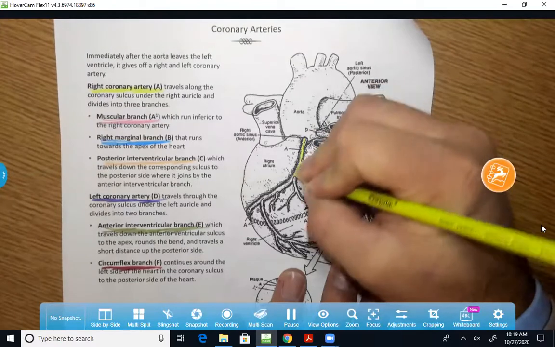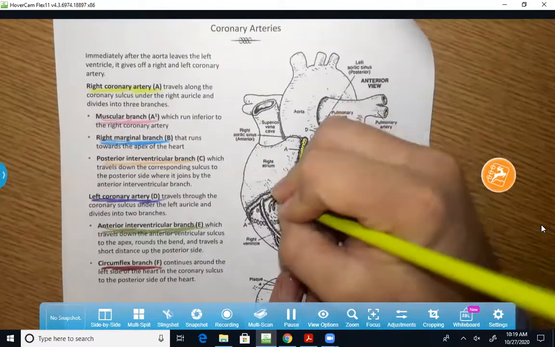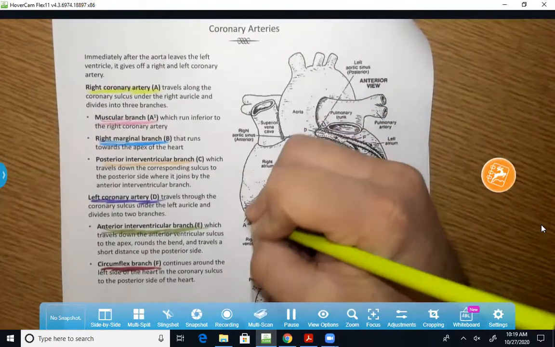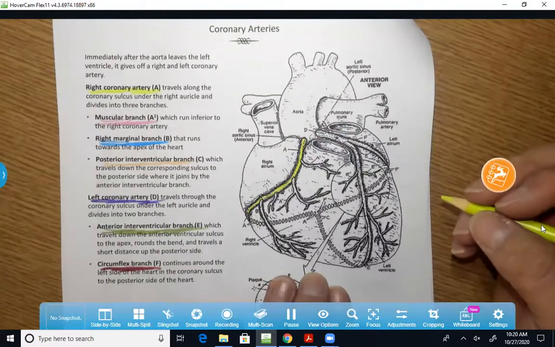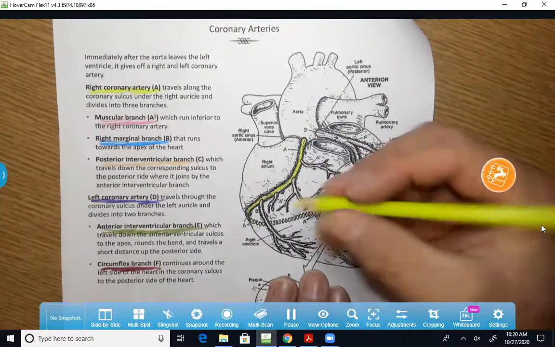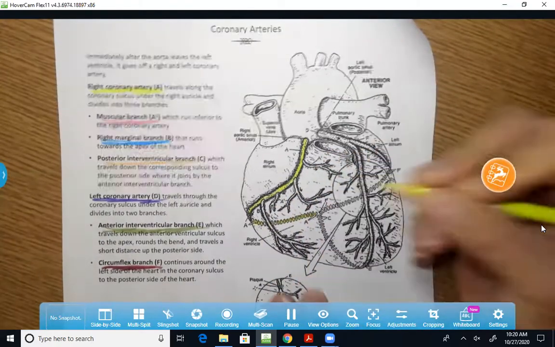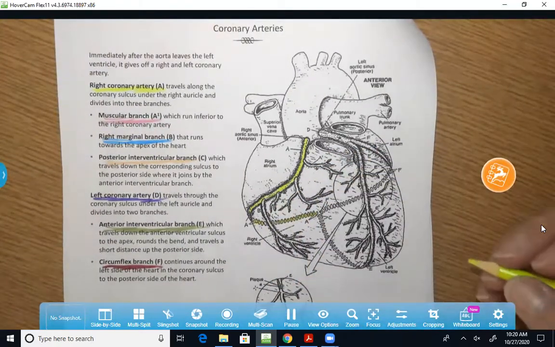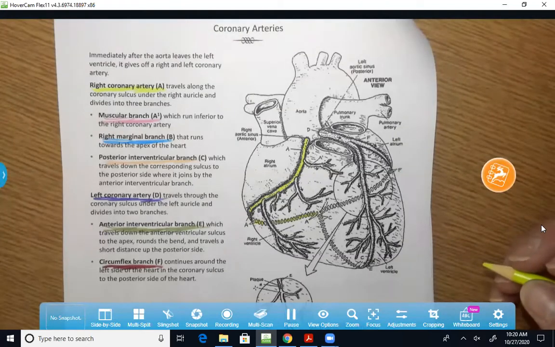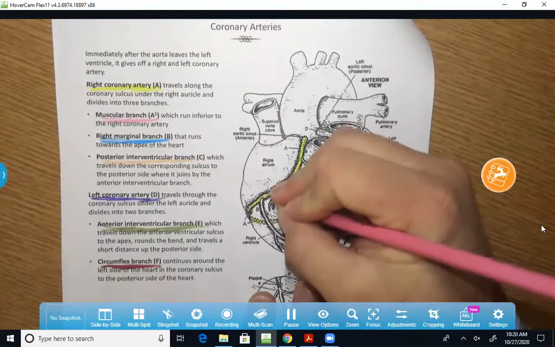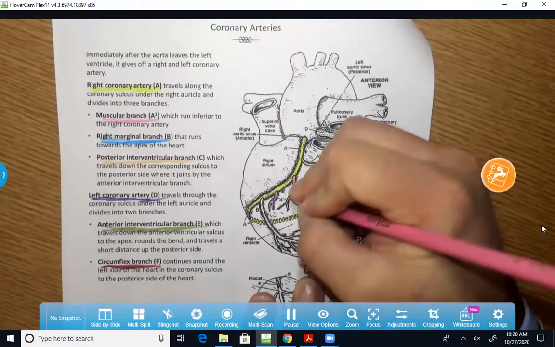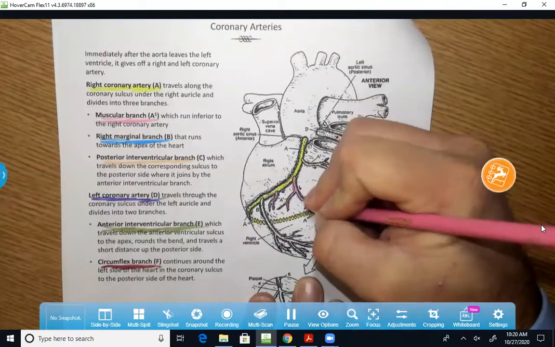So your right coronary artery is one of those that is obviously on the anterior side as I colored it, but then it curves around like so to the back side. Coming off of it is a set of blood vessels.